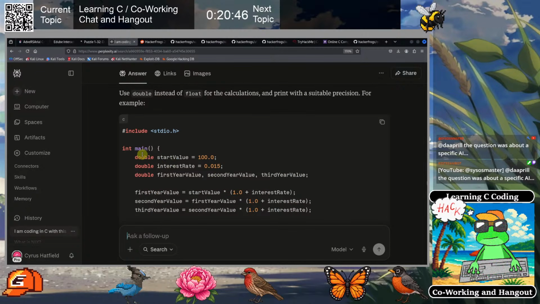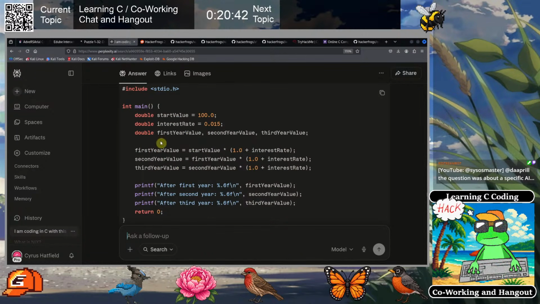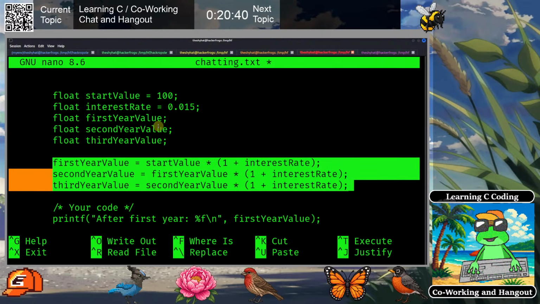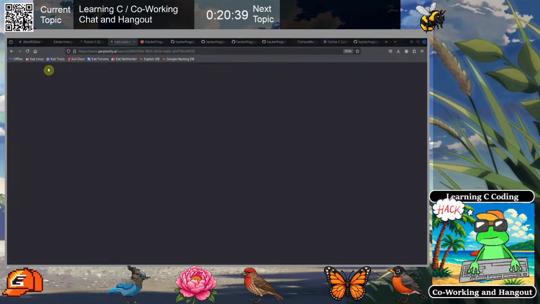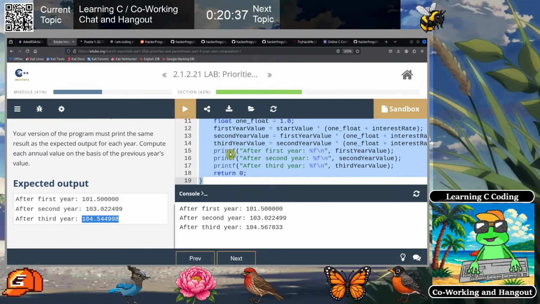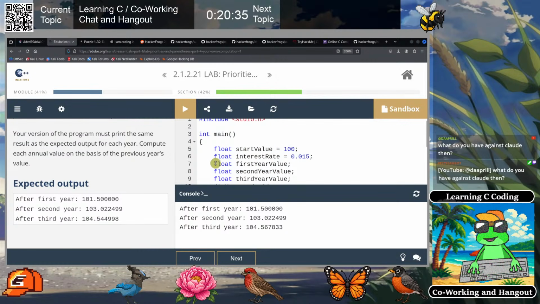Okay, so what happens if we make everything a double instead of a float? So just go back in and set everything as a double.